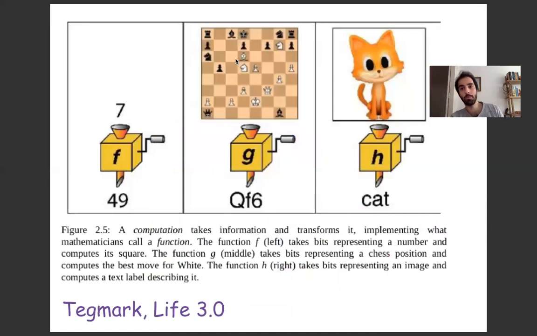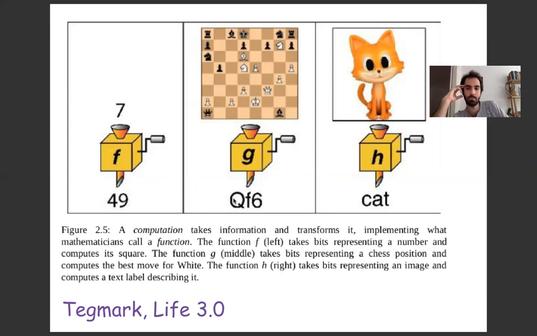Now we can ask, what is computation? Which is actually the subject of today's lecture. I just wanted to give you some food for thought to discuss what the nature of information really is. Well, computation, according to Tegmark and other people as well, and it's a good definition, is that it takes information and transforms it. It implements a sort of mathematical function, which can be really anything. It can be squaring a number, so you put in the number and the computer squares it, or it can be making a chess play.